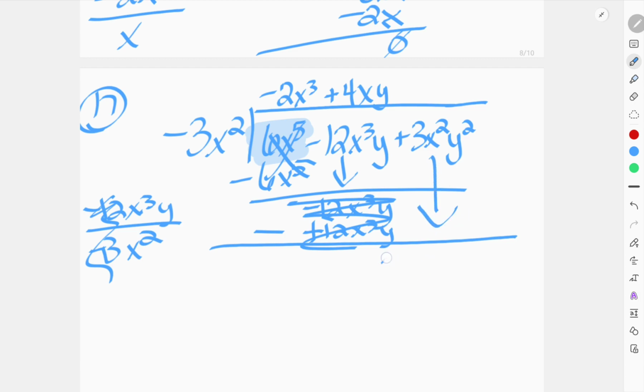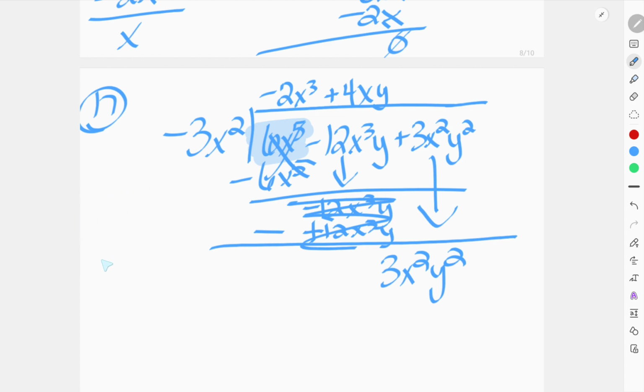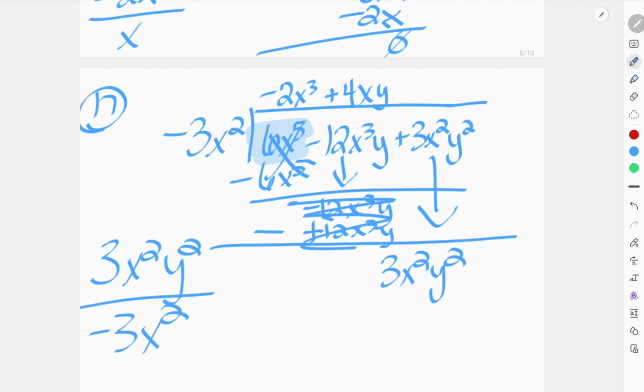And I'm going to bring down my last term, 3x squared y squared. So 3x squared y squared divided by negative 3x squared. So the 3's cancel, leaving me with negative 1. The x's cancel, and I have y squared.